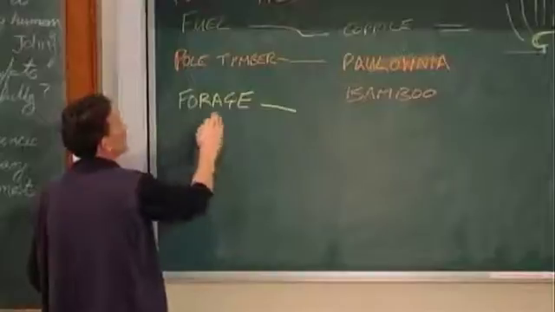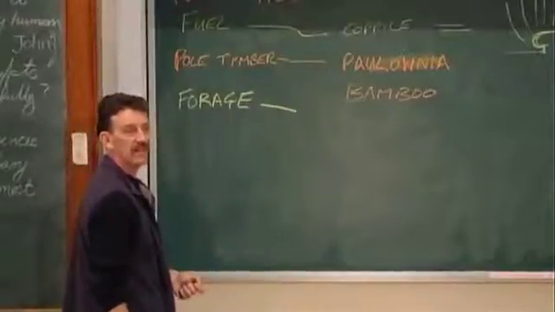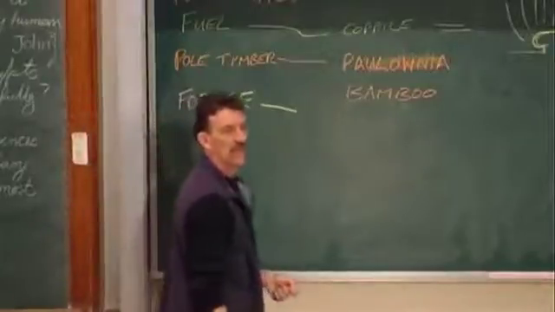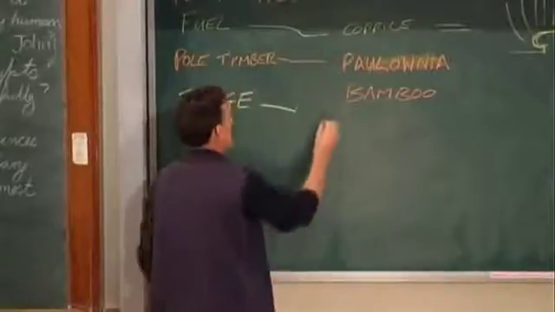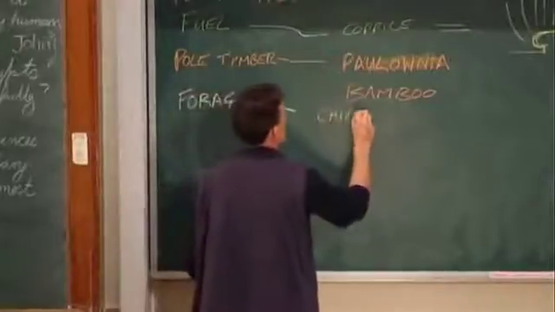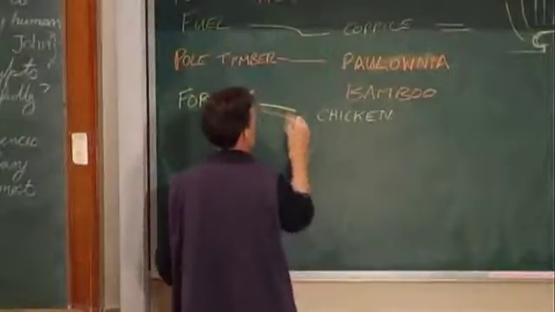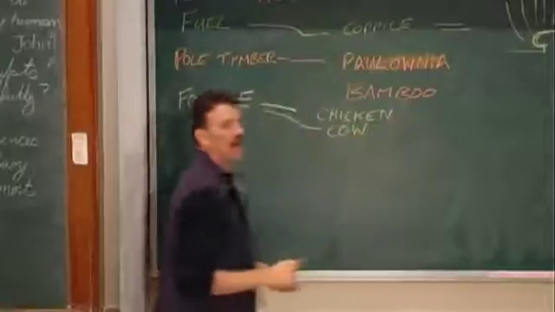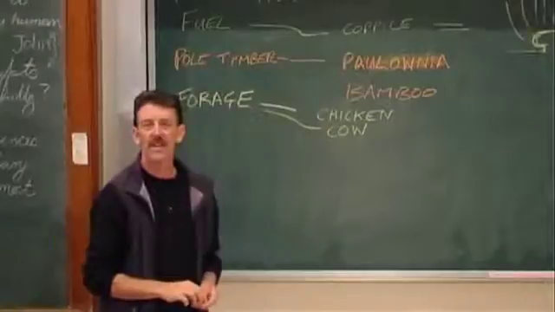There is very specific forage. There are many sets of forage, depending what you are feeding. There is chicken forage. Drops a lot of seed. There is cow forage. And the great thing about cows is they eat an enormous variation of things.